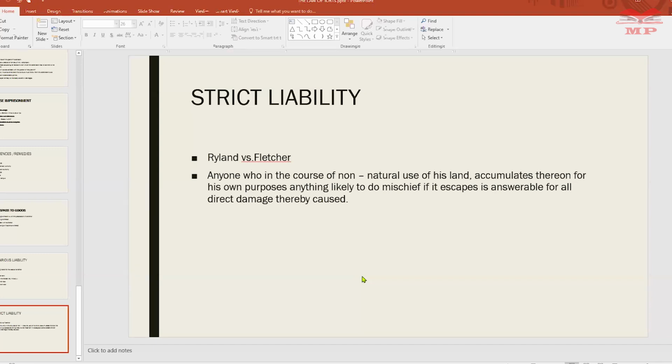In strict liability, we are saying that where you introduce an unnatural use of land and it accumulates and causes mischief, there's no need for anyone to prove negligence. Whether you knew that water could overflow stops to matter, and you're held liable.